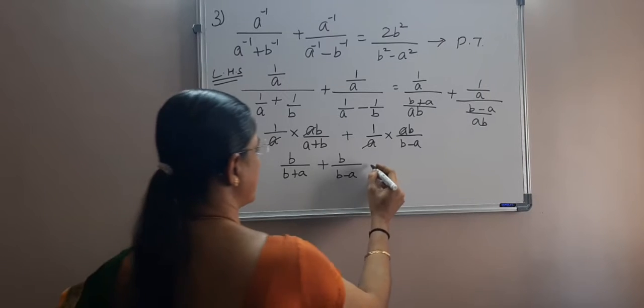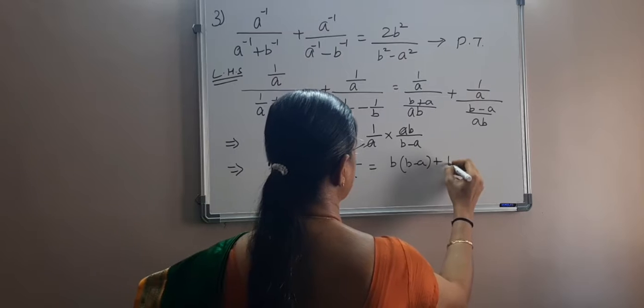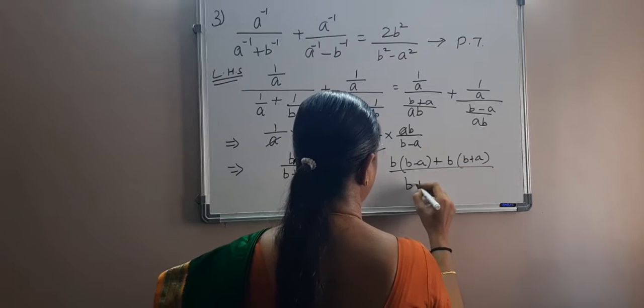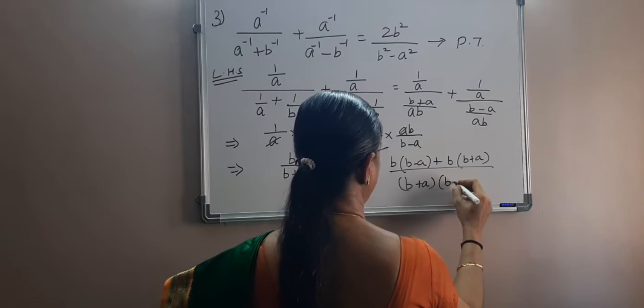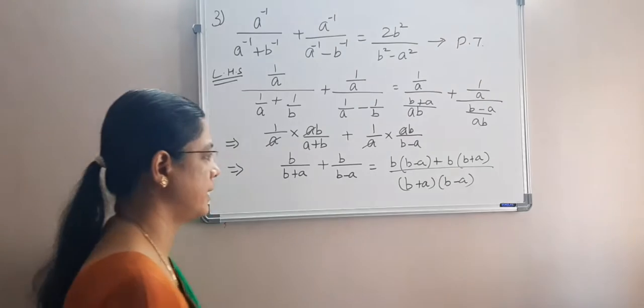Now let's see b plus a, b minus a. There are different terms, so let me take the LCM: b into b minus a plus b into b plus a, and in the denominator I multiply both b plus a and b minus a. But b plus a, b minus a is in the form of a plus b and a minus b.